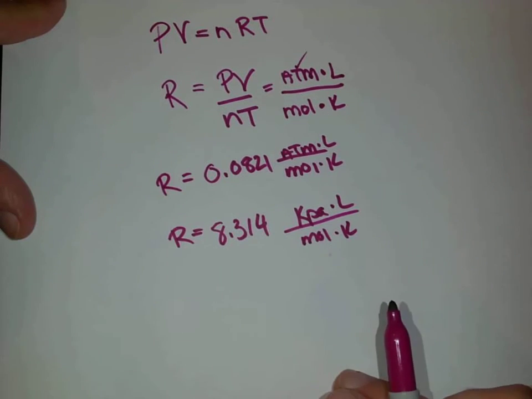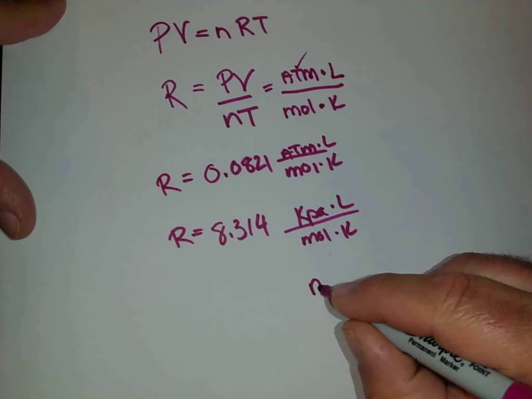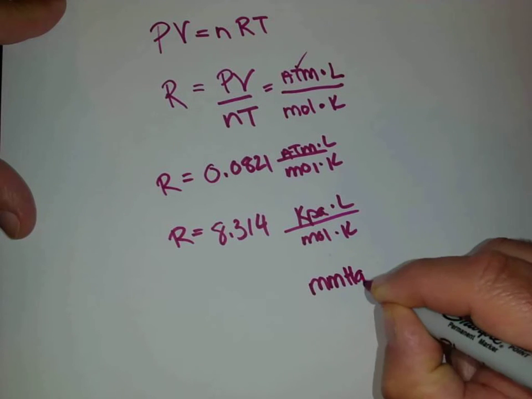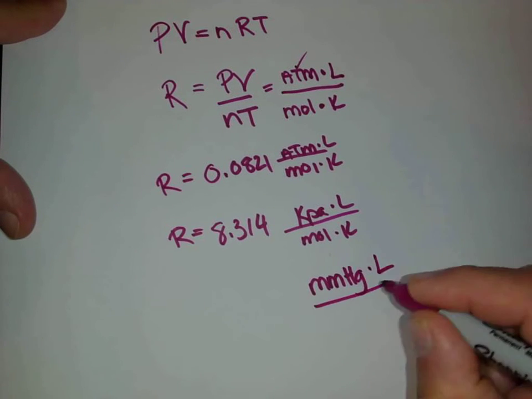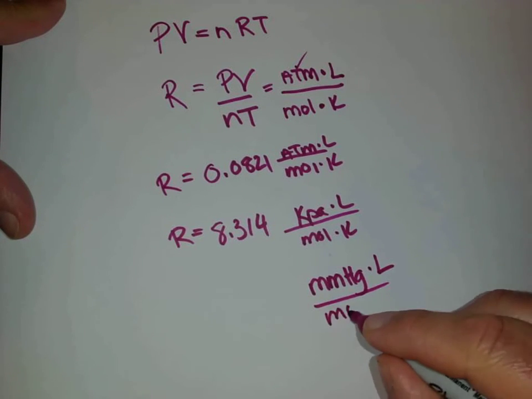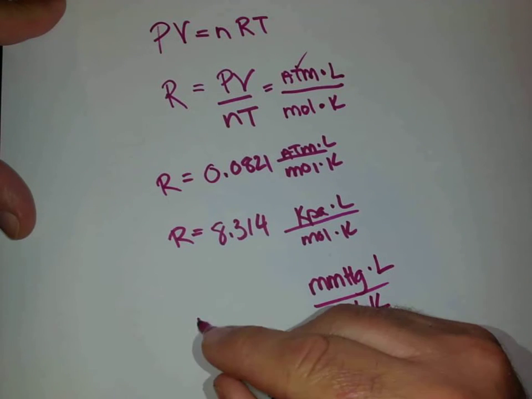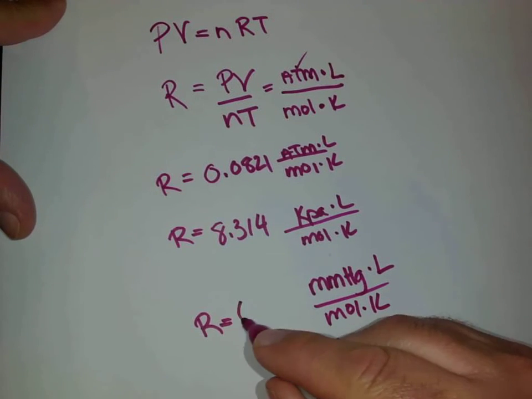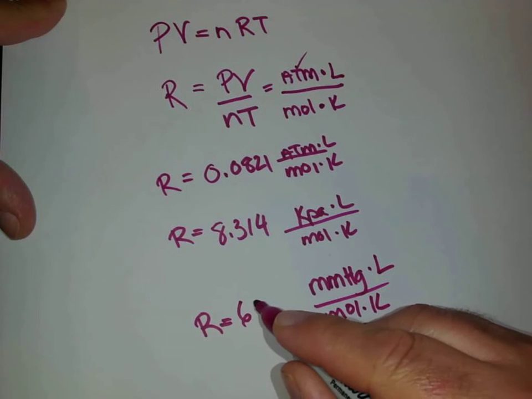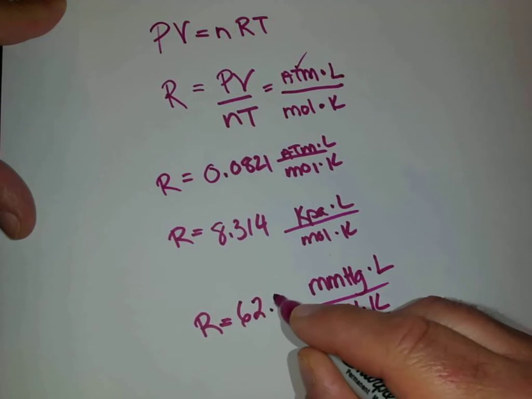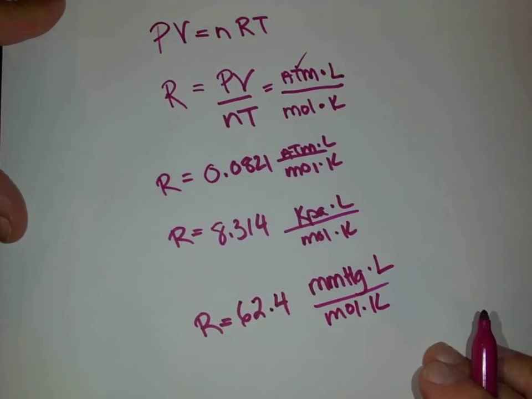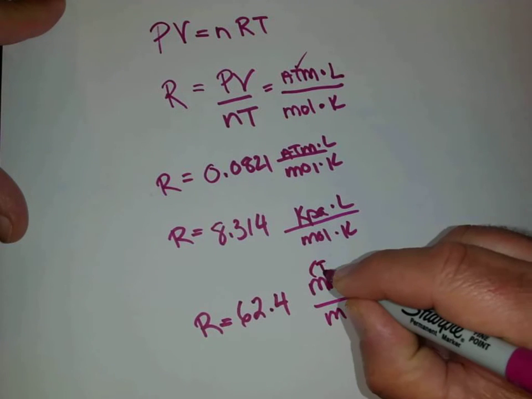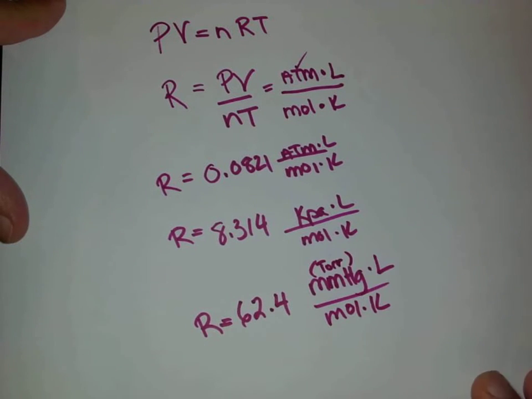If I'm using millimeters of mercury or torr, the number changes again. That is equal to 62.4 millimeters of mercury, and you could also use torr for this because they're basically the same unit.